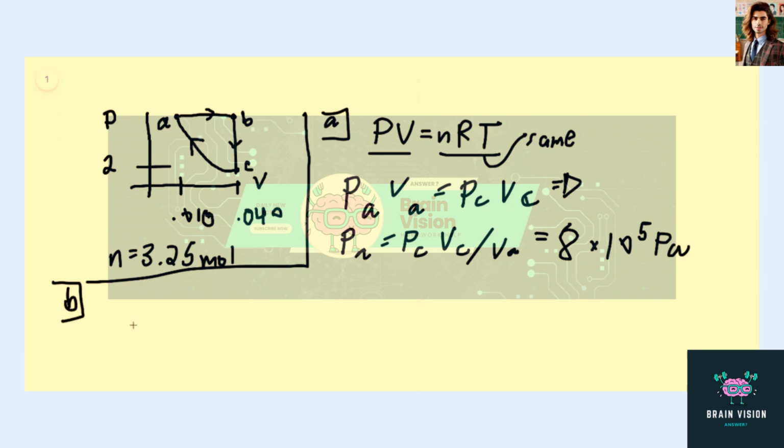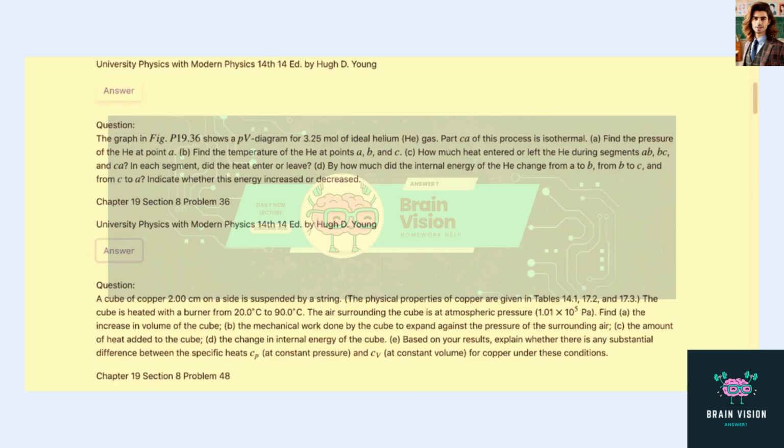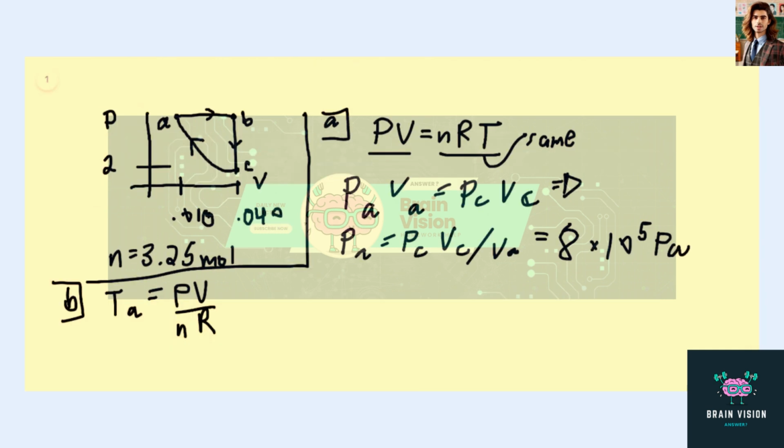Awesome. And for part B, T at A is equal to PV over nR. Sorry, I didn't even read what it was. Okay, so B: find the temperature at A, B, and C. I started with A, and we just want to use the ideal gas law, PAVA over nR.